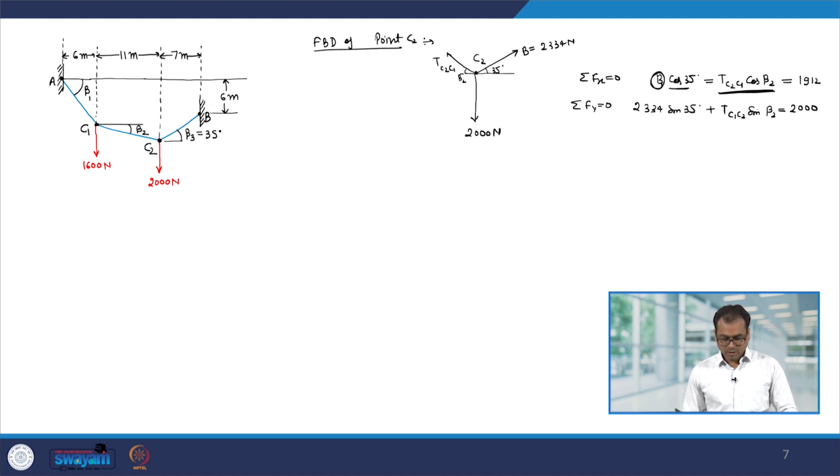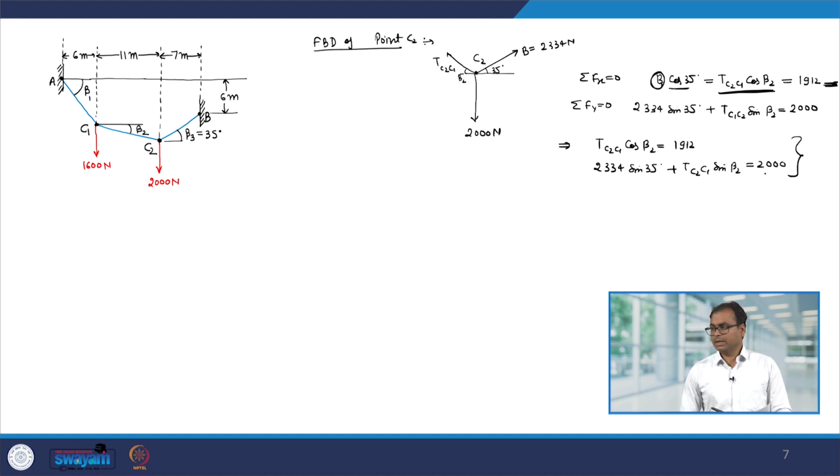So, therefore, I have the following equation T C2 C1 cos beta 2 equal to 1912, this is this equation, and I have 2334 sin 35 degree plus T C2 C1 sin beta 2 equal to 2000.